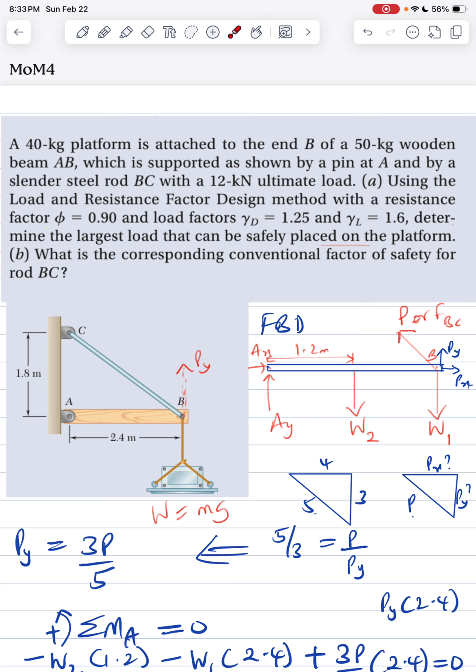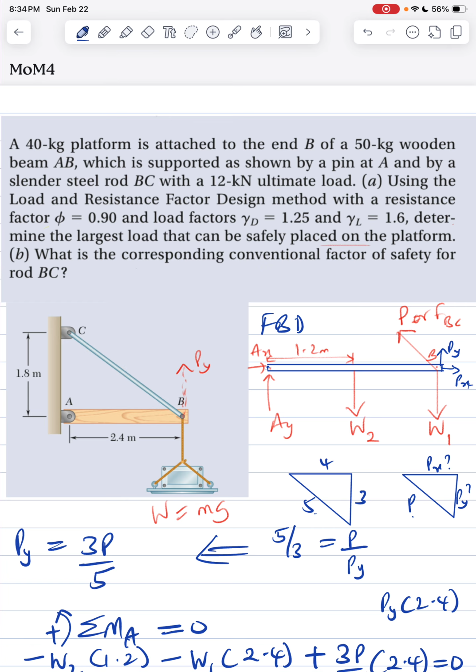Using the load and resistance factor design method with a resistance factor phi equals 0.9, the dead load factor gamma D 1.25 and the live load factor 1.6. Determine the largest load that can be placed safely on the platform. What is the corresponding conventional factor of safety for rod BC?